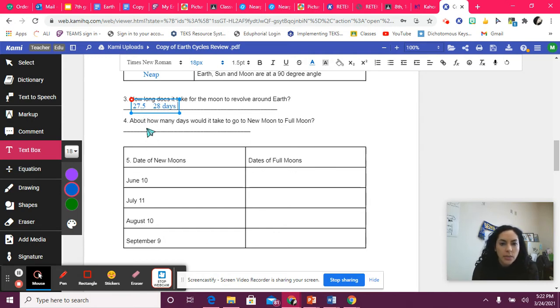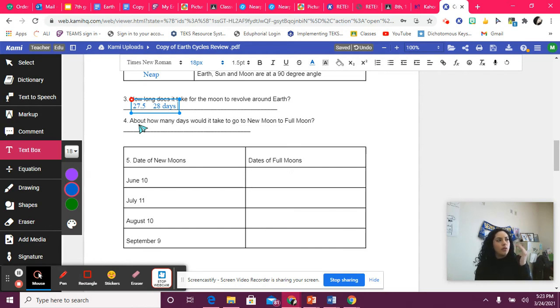About how many days would it take to go from a full moon to a new moon? So think about it, guys. If it takes 28 days for the moon to revolve around Earth, right? A full moon and a new moon are considered like halfway, correct?